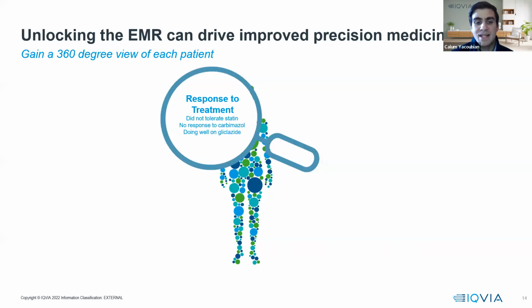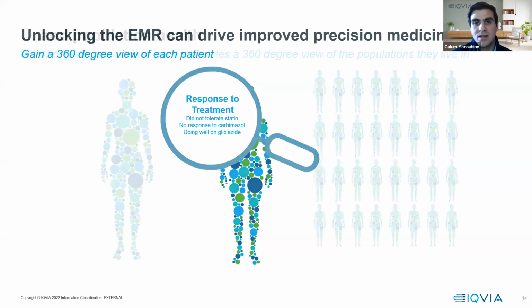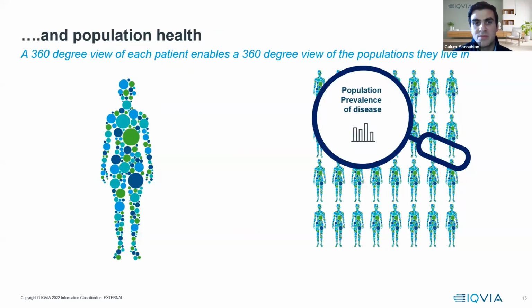The exact same approach to clinical data, in fact, can be used at the other end of the spectrum, which is in population health. So gaining very granular insights about each individual patient, when we think about individual patient-led decisions, we can use the exact same technology at a population level to have a much better understanding of the population prevalence of certain diseases, particularly diseases where organizations feel clinical coding is poorly capturing the true disease burden.